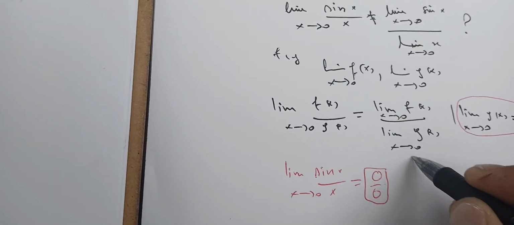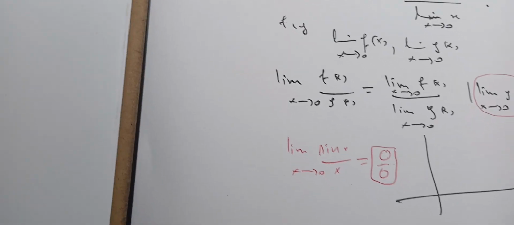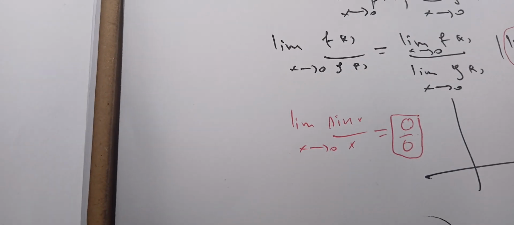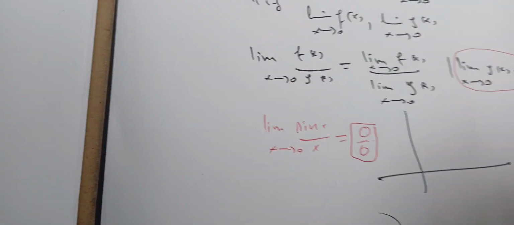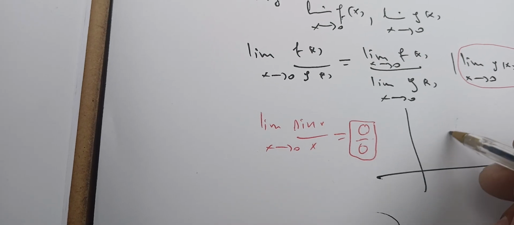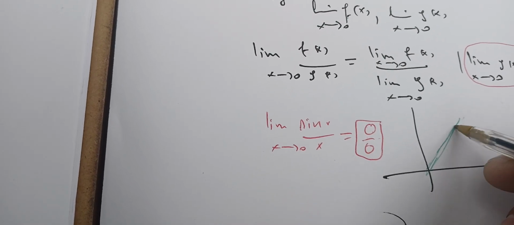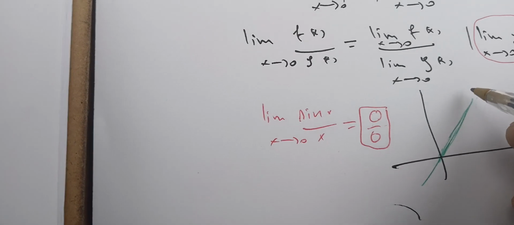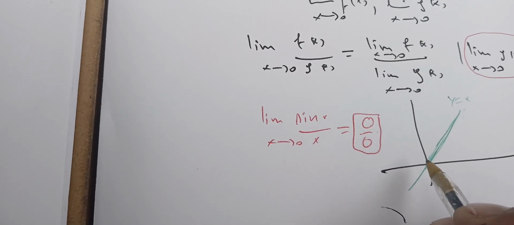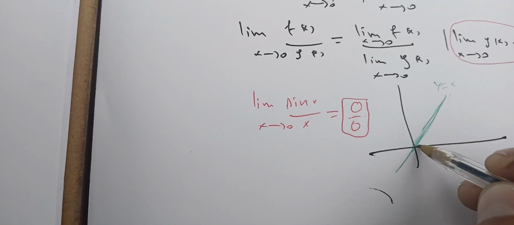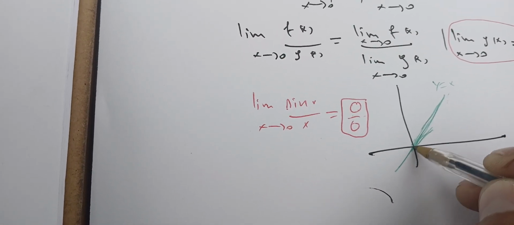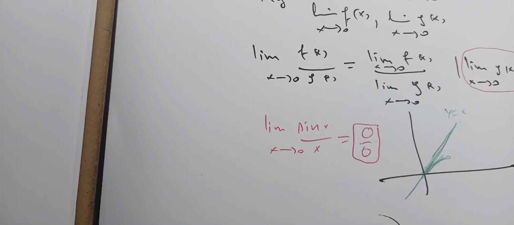One of the easiest is to do a simple graphing of the functions. We know the graph of the function y of x equals x, so it's this one. The sine is almost identical.